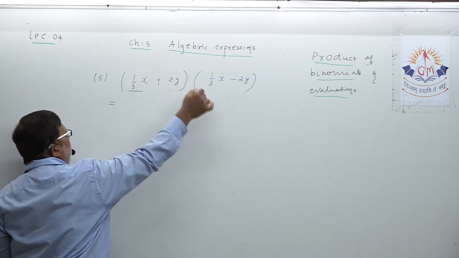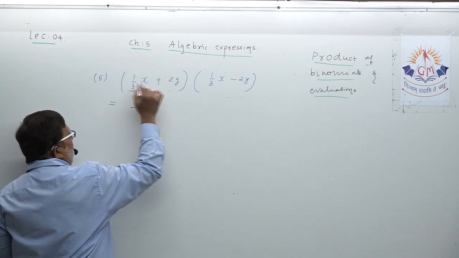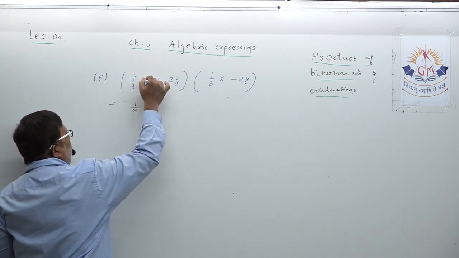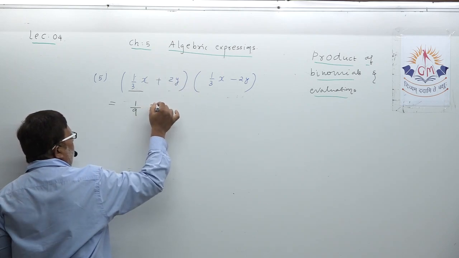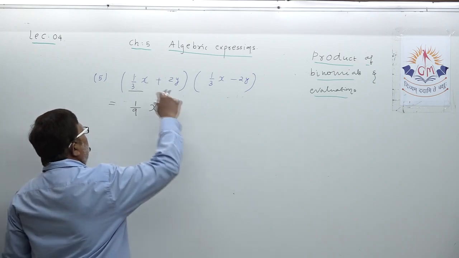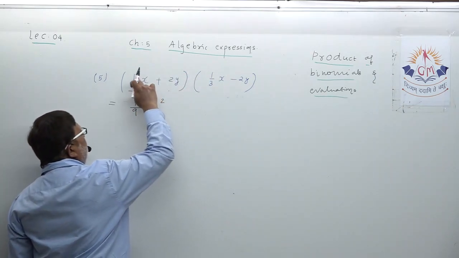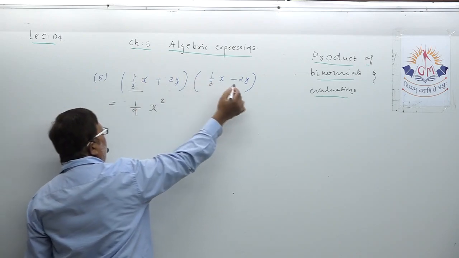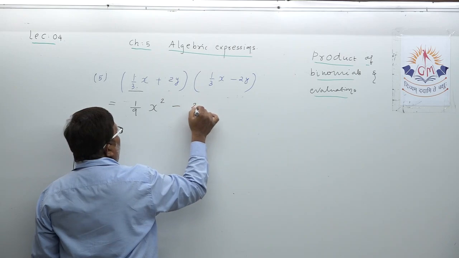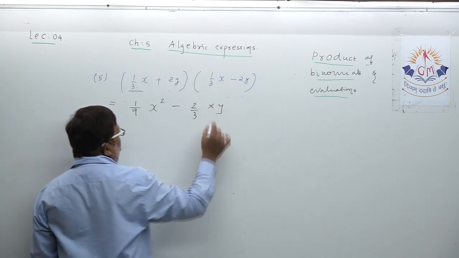Multiplication of numerator and denominator. 1 into 1 is 1, 3 into 3 is 9. Similarly, the variable x into x turns out to be x square. Now 1 is to be multiplied with the second term, 1 upon 3 into 2. Here 2 ones are 2, upon 3, x into y, that is xy.